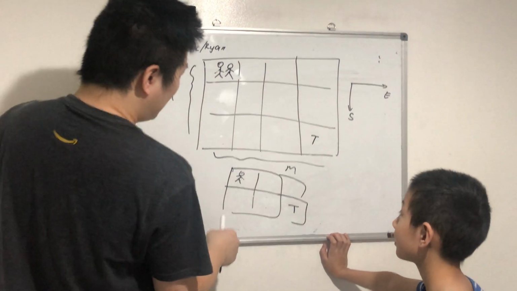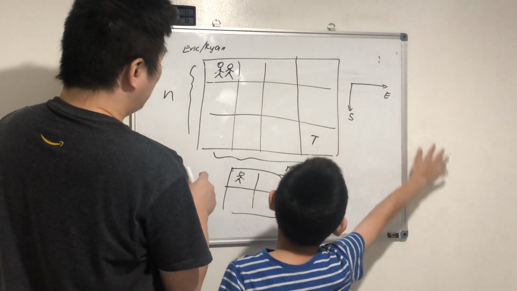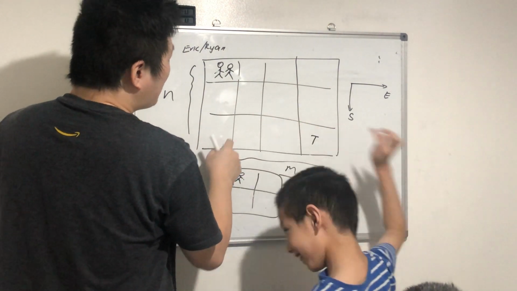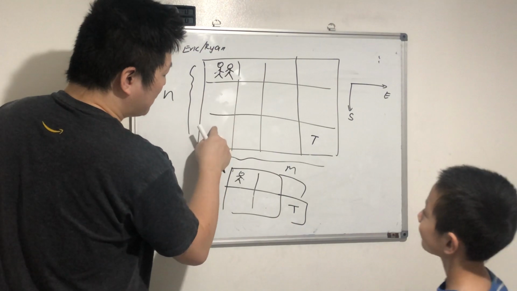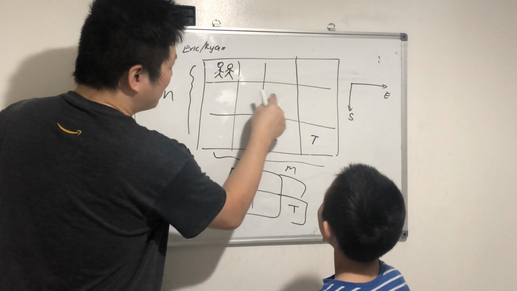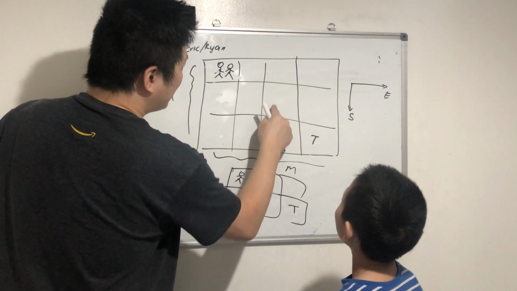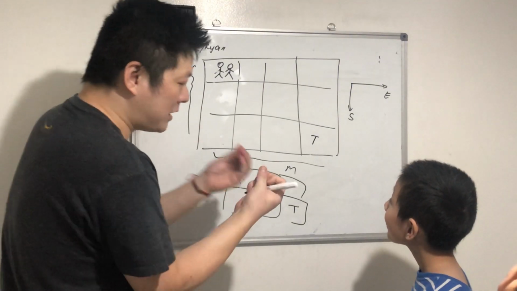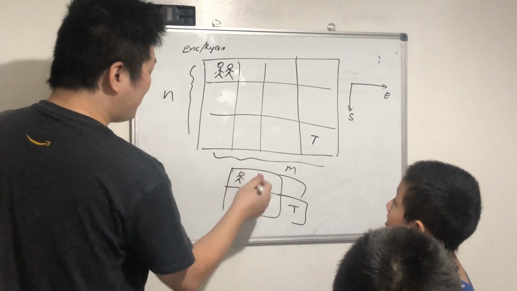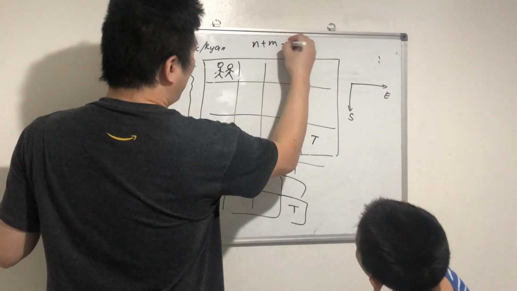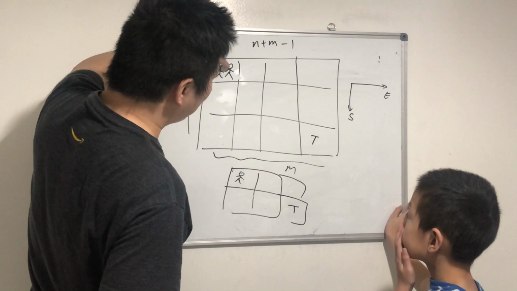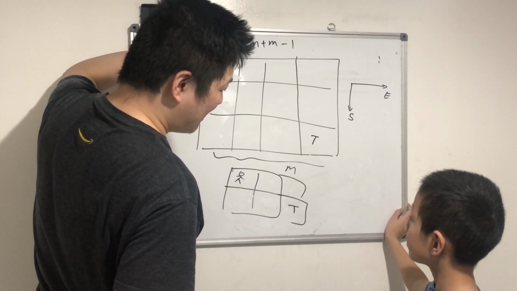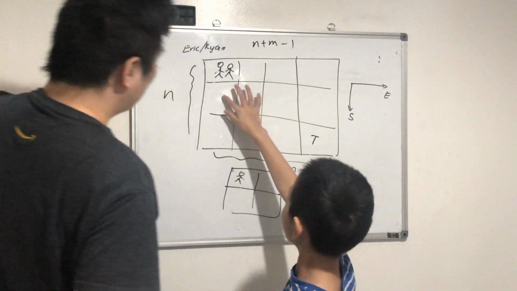So the total number of steps is fixed. It equals n plus m minus 1, because the first square doesn't count, so you need to subtract it.